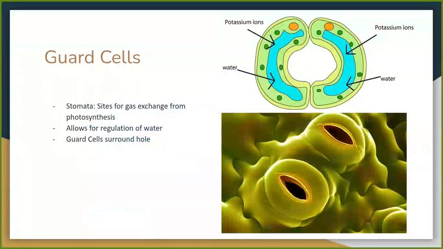Here we can look more at the guard cells. Guard cells surround the stomata, which, if you recall, are sites for gas exchange. Usually on plants, stomata allow carbon dioxide and water vapor to move in and out.